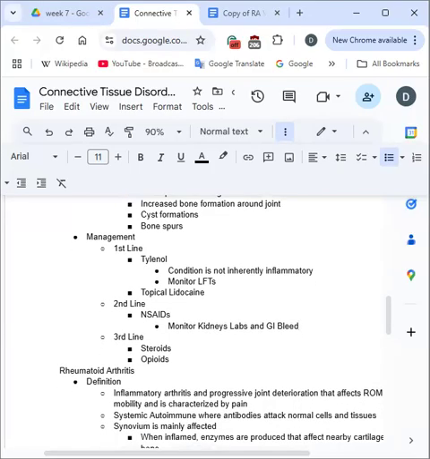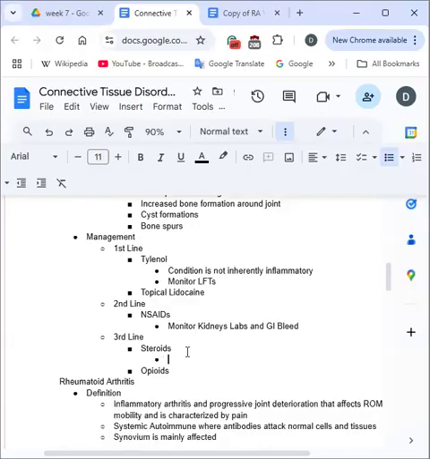And then the steroids. When it comes to steroids, we are going to be thinking about what some side effects of steroids are. But keep in mind, it's typically not recommended.